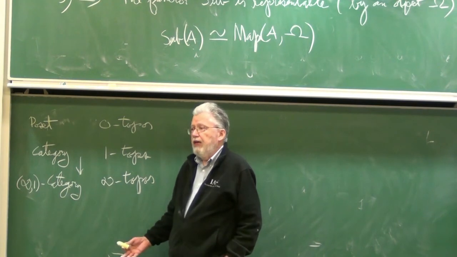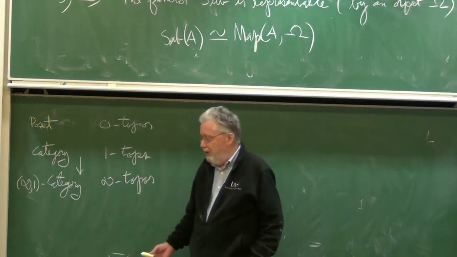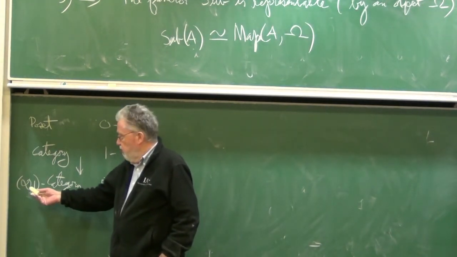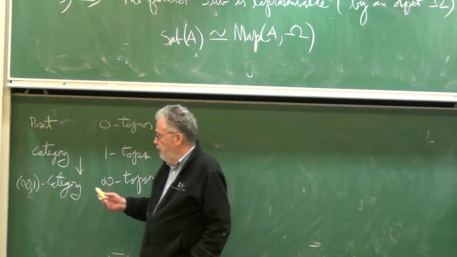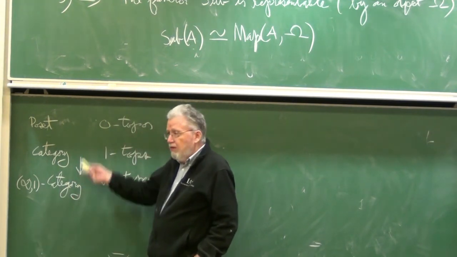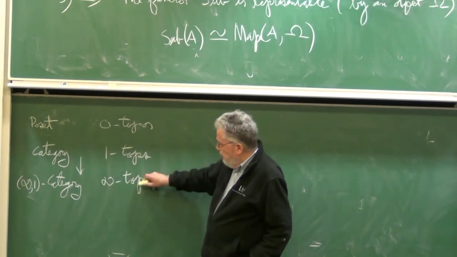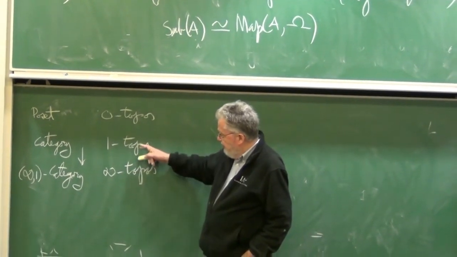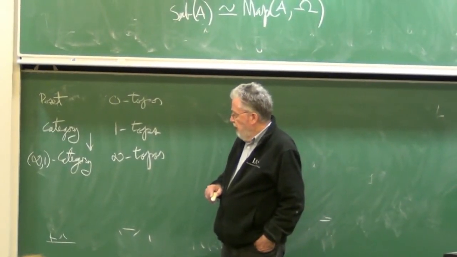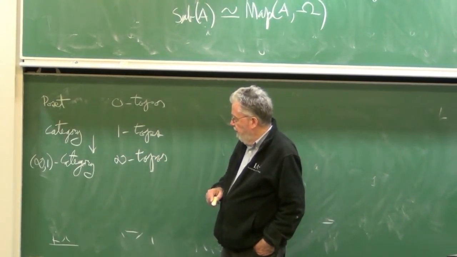It's an empirical fact. I mean, things could have been different. But it happens that people have introduced the notion of infinity one category, and then observed that there is such an extension. And in this extension, the notion of 1-topos extends naturally to the notion of infinity topos. And this is the second mutation of topos theory.